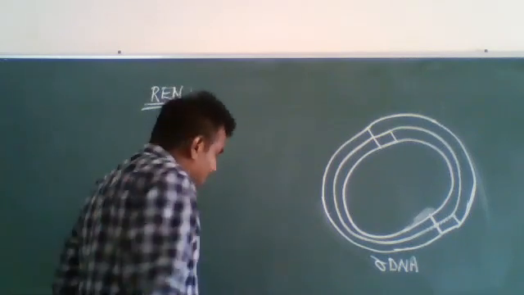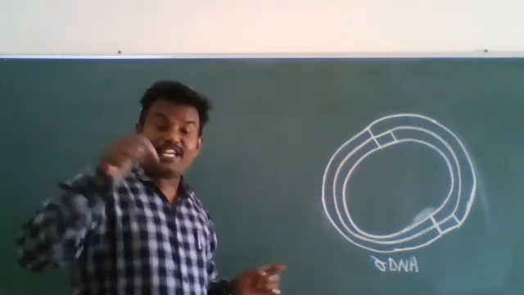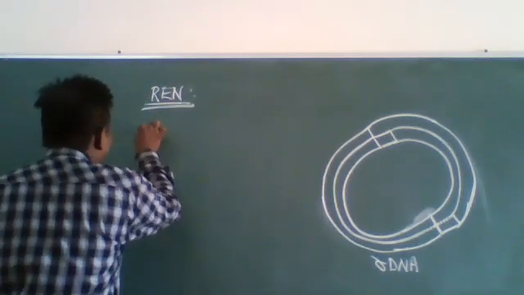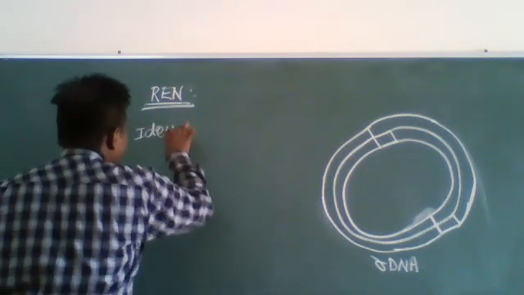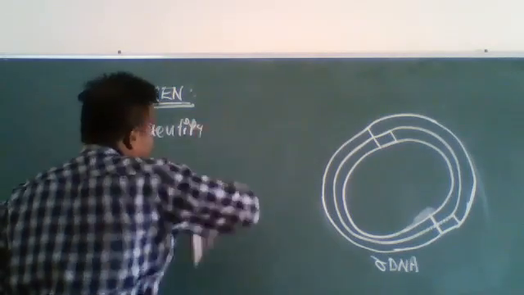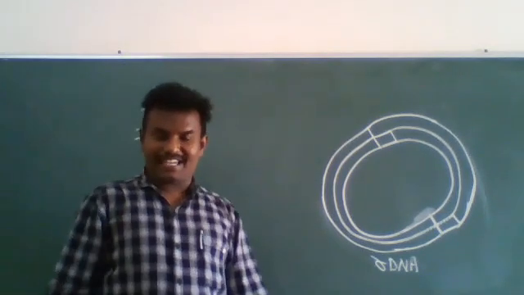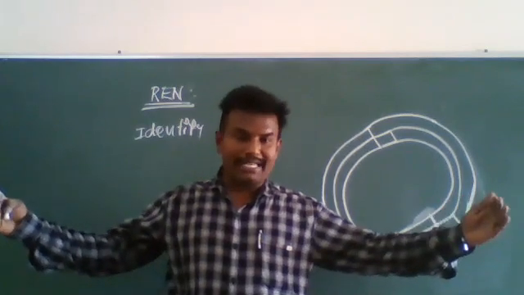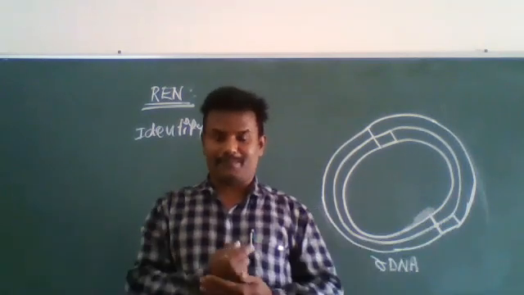Here in genetic engineering experiments, identification of DNA is very important. First, the restriction endonuclease can identify the length of the DNA. First, it will identify how much its length is.